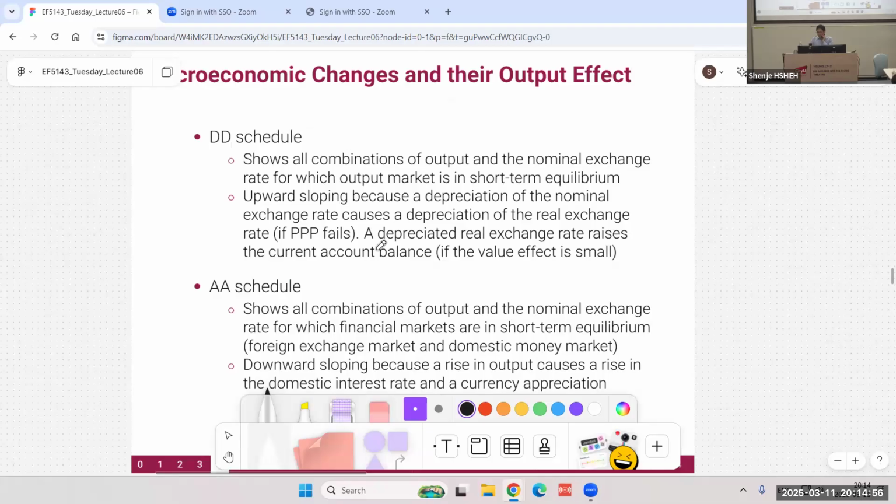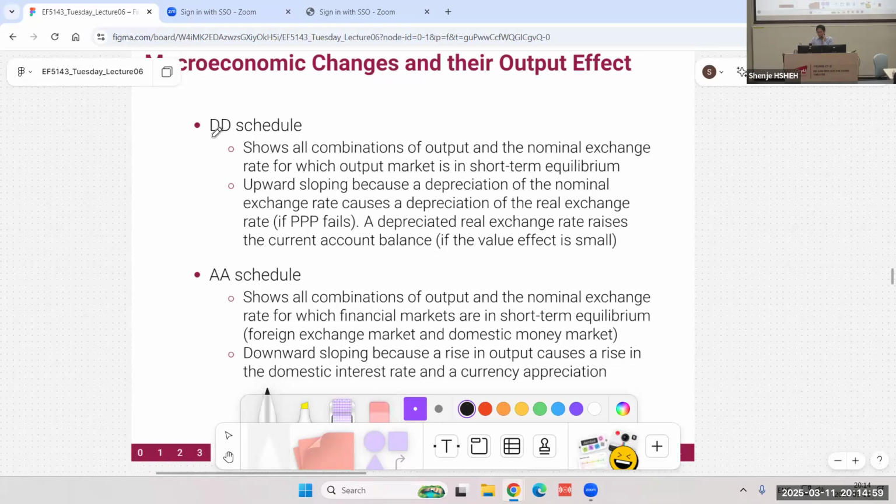All right. So I already talked about this. Summary of the DD schedule, summary of the AA schedule, financial markets. So this is the money market and foreign currency markets, foreign currency returns, and then the DD schedule gives you aggregate demand equaling aggregate supply. Okay, and then we will try to impose PPP when we can.